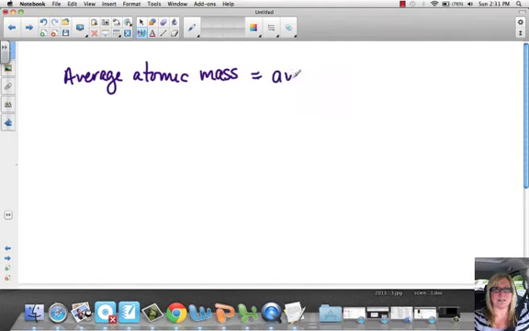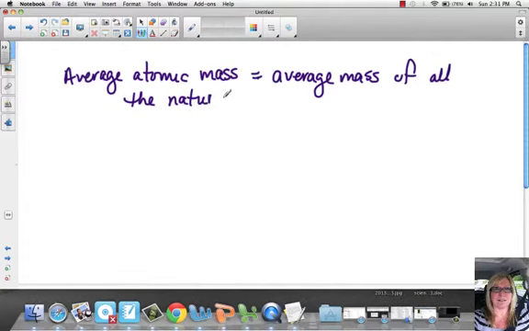Average atomic mass is the average mass of all of the naturally occurring isotopes of an element.